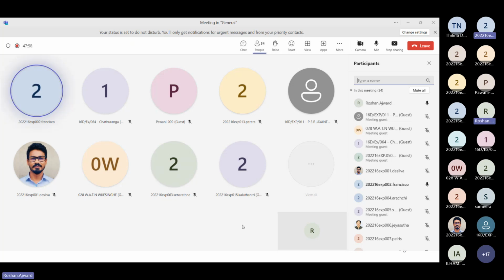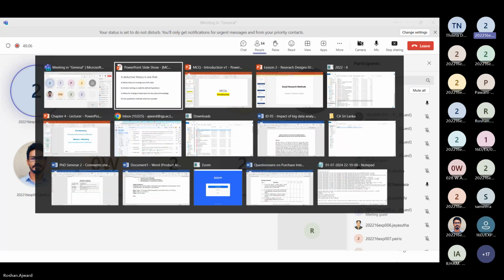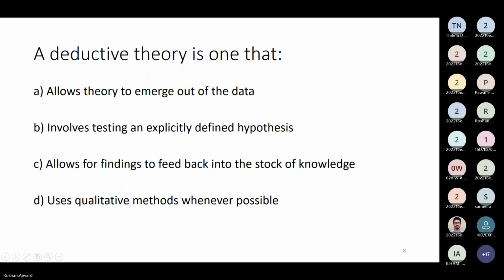Can I see the answer? Of course. Why not? What do you think is the answer? A, B, C, or D? Answer is A. Okay.